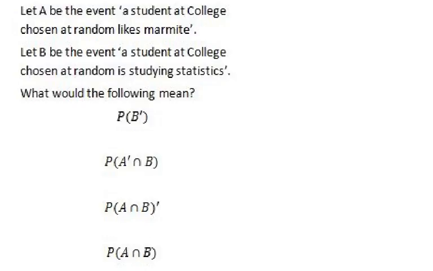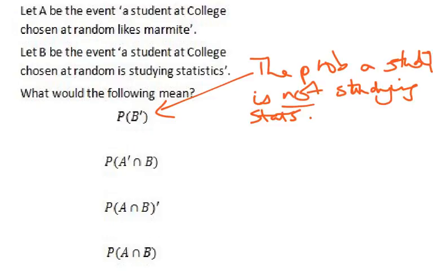Alright, so you have four probabilities here, and if you just pause for a moment and work out what each of them mean. The first one that's here is the probability of B not happening. So in this scenario, it's the probability that a student at college chosen at random is not studying statistics.